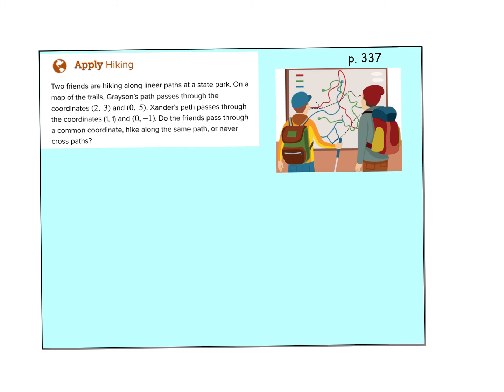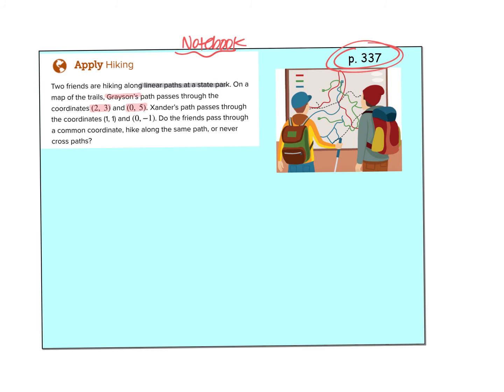All right, so for our last example, you can either do this in your notebook if you think you want another example in your notebook, which I would probably do, or you can do it in your math book on page 337. It says, I have 2 friends hiking along some linear paths at a state park. They're both hiking. Grayson's path crosses through the coordinates (2, 3) and (0, 5).